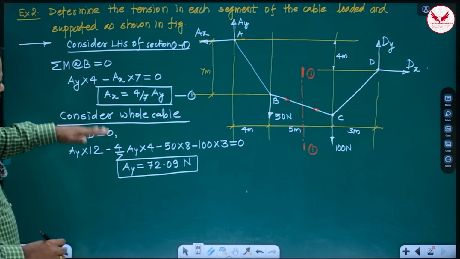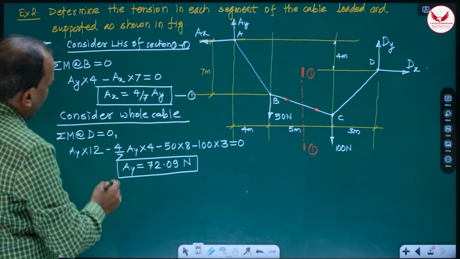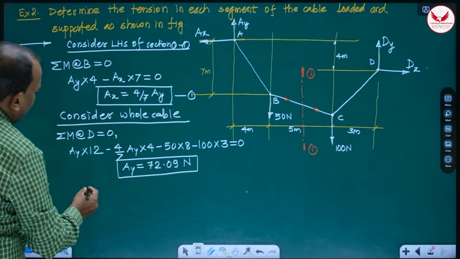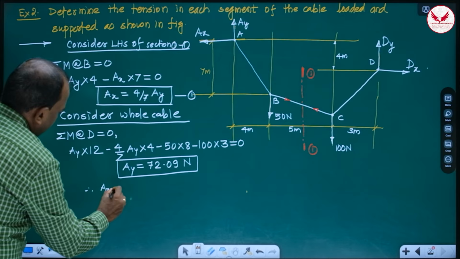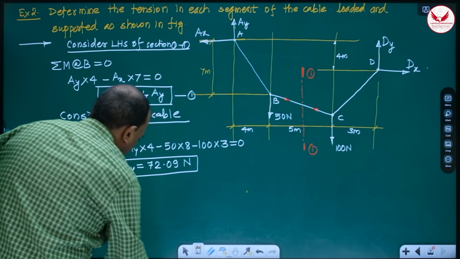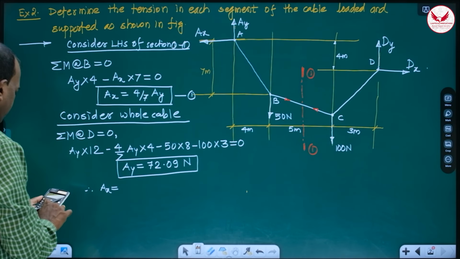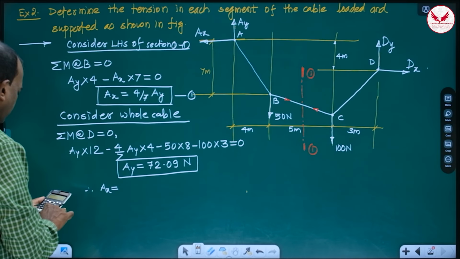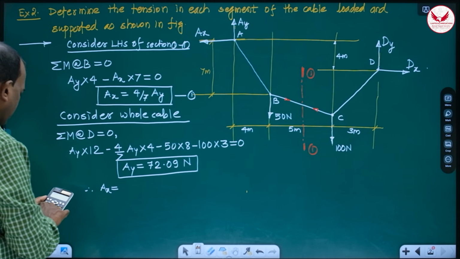Means by this way easily we can get the answer by this method also. Our target should be AX, AY, DX, DY. Once we get AY, then what will AX be? Hence, AX will be AY into 4 by 7.